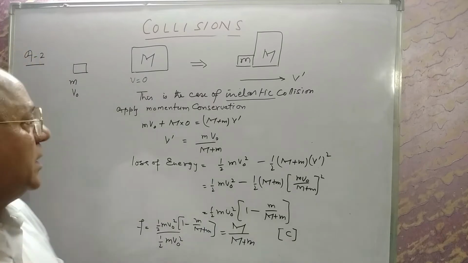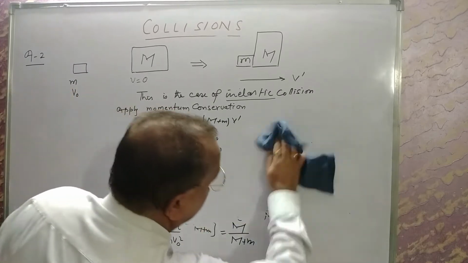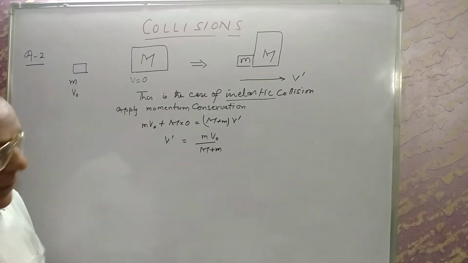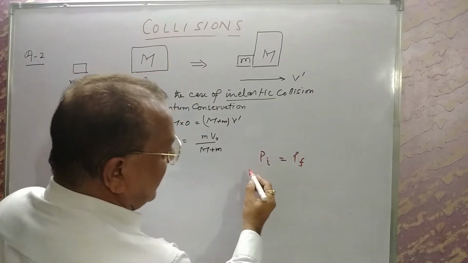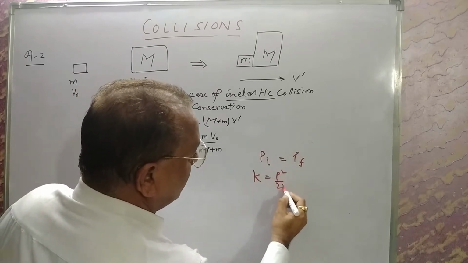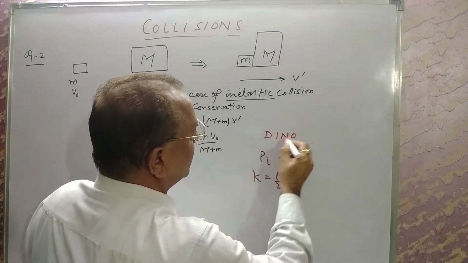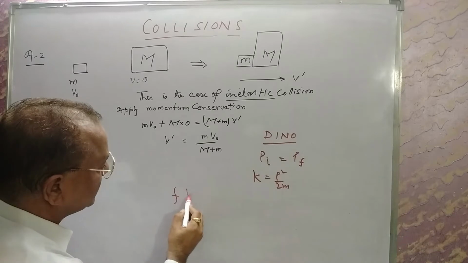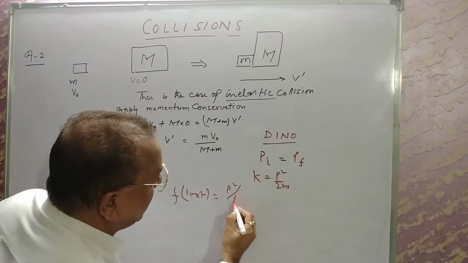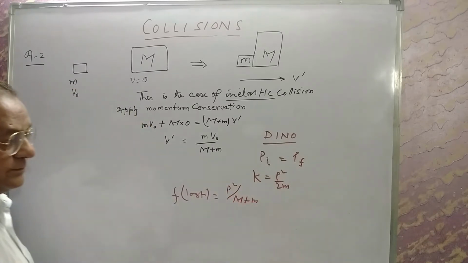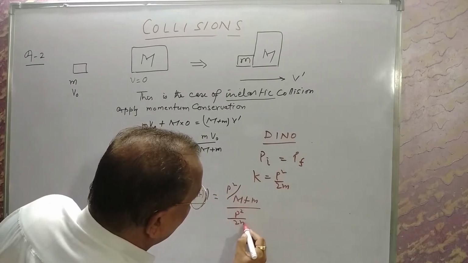What you do, you know momentum is the same before and final, and kinetic energy is equal to p square by 2m. So now, using the Dino concept, fraction lost is equal to, momentum is the same, p square divided by 2(m plus m), this is the final energy, divided by p square by 2m.